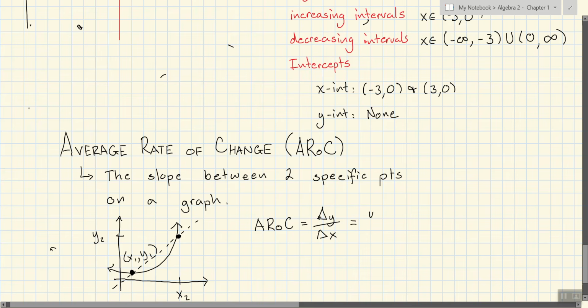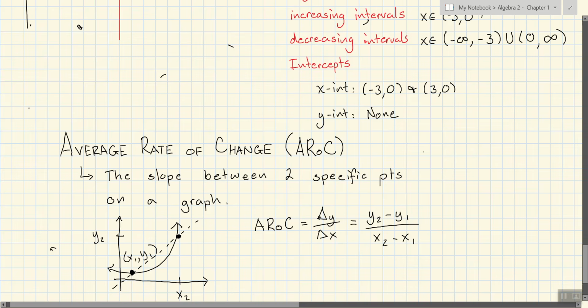But I'm going to keep it consistent. The second I do y2 minus y1, the change in x has to match up with the order in which we do the y, or the x's, I'm sorry. So should I do x2 minus x1, or x1 minus x2 in the denominator? x2 minus x1. And as long as these are consistent, we're fine.